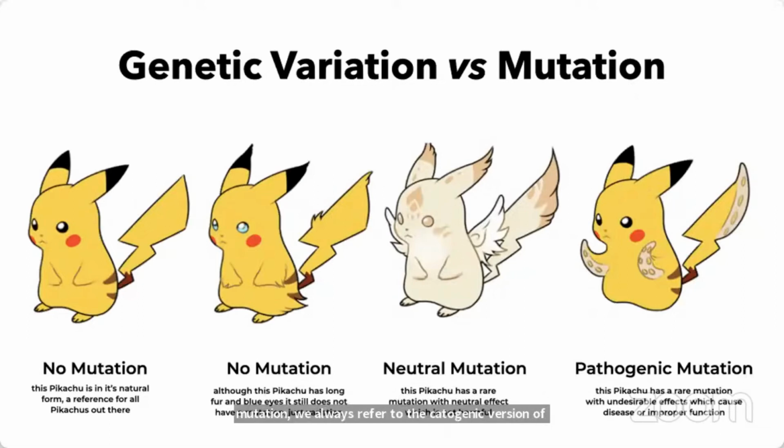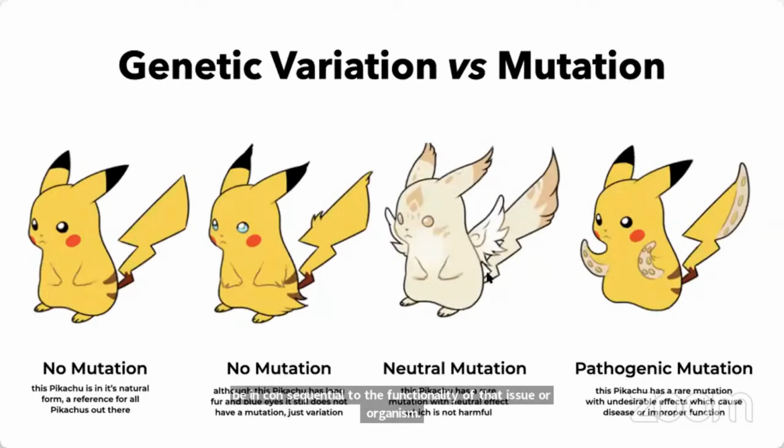And when you refer to variants, we either refer to changes in the nucleotide sequences that are not characterized at the moment of data analysis, or that are characterized to be inconsequential to the functionality of the tissue or organism. So that is the difference in terminology that we have to keep in mind.